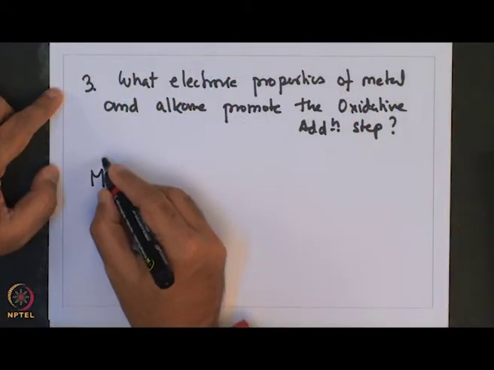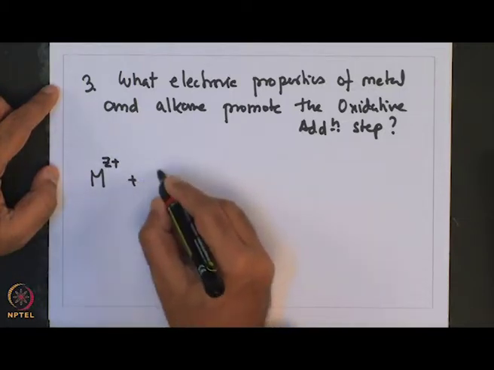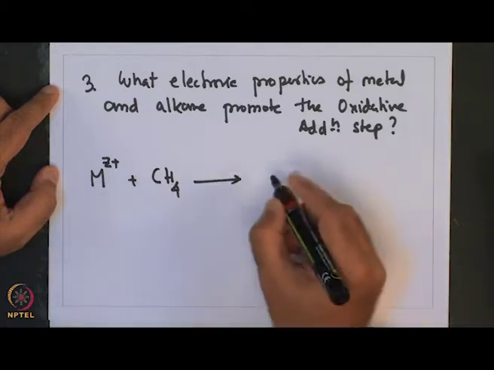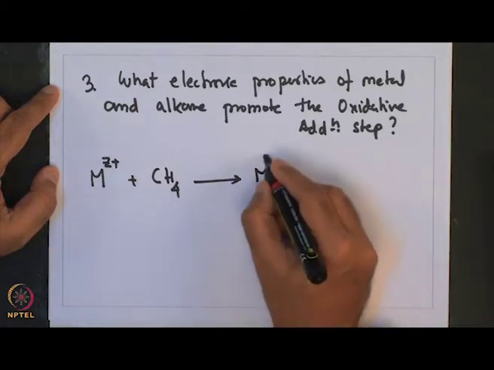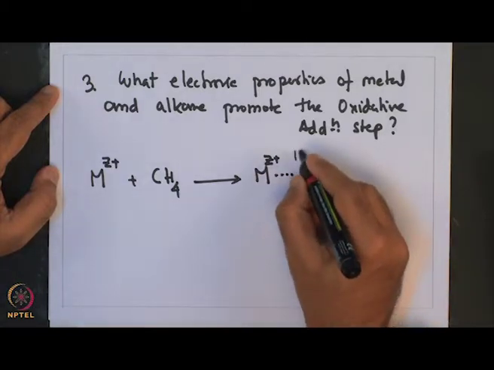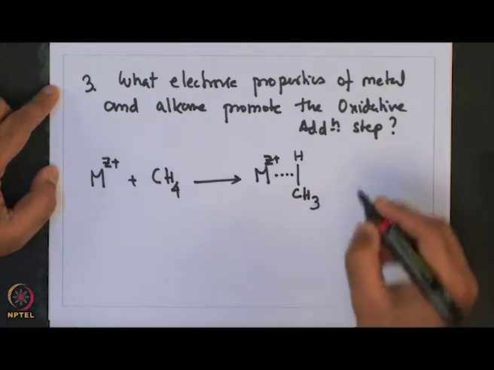For example, a metal Z plus cation reacts with methane, with the metal interacting with the C-H bond of methane.